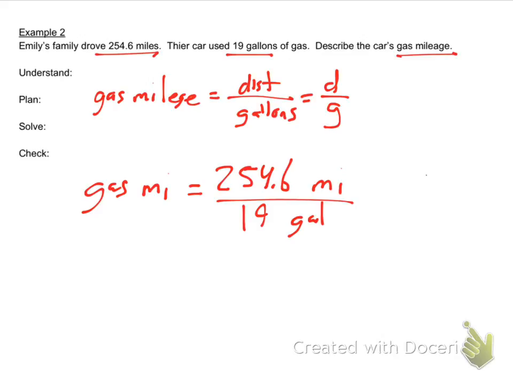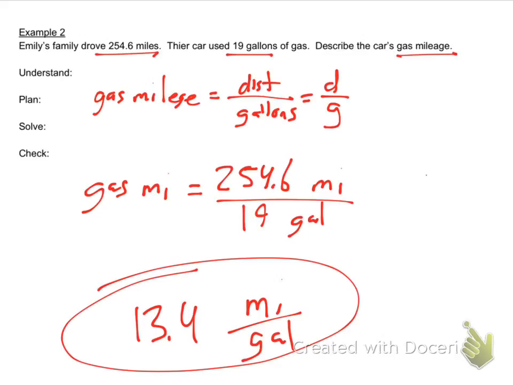Our label on our gas mileage will happen to be what? What's the label going to be? Miles per gallon. So miles per gallon is the label. Take your calculator out. What is it? Yes. 13.4 miles per gallon.